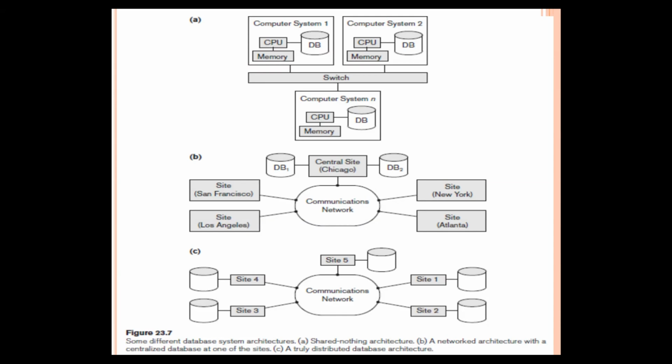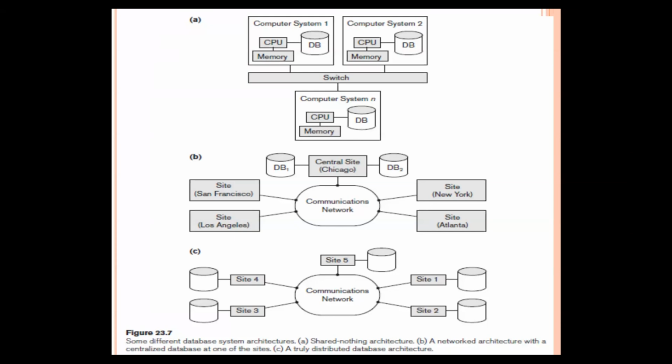The second type is a networked architecture with a centralized database at one of the sites. In diagram B, we have n number of sites, all connected through a communication network. The sites do not have any server or any personalized high-end CPU.